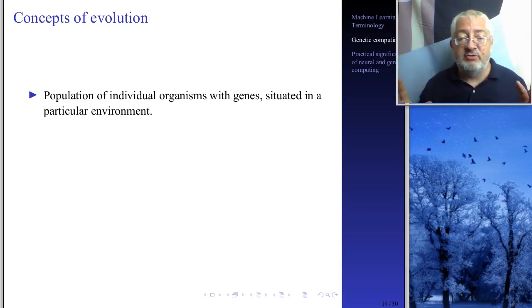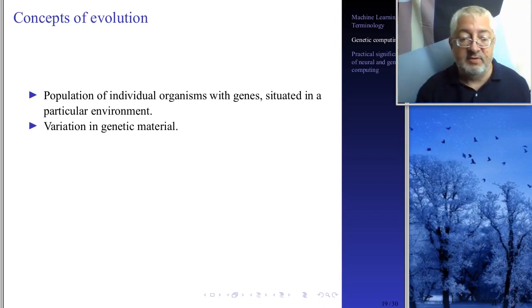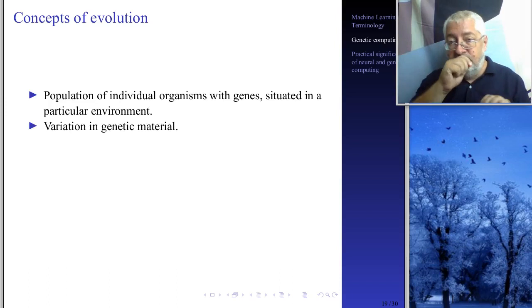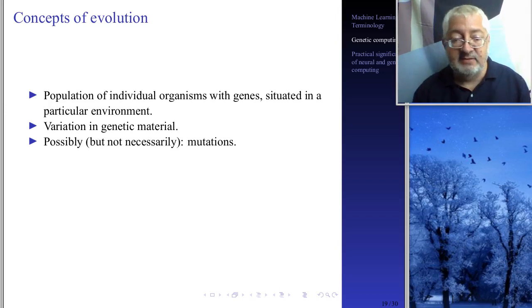You have a population of giraffes, and they are situated in a particular environment. They have these tall trees where they want to eat the leaves, right? And you have in the population a variation of genetic material. You have different giraffes. You have smaller ones and bigger ones, and some have longer legs and some have longer necks, right? And possibly you have some mutations, but not necessarily.